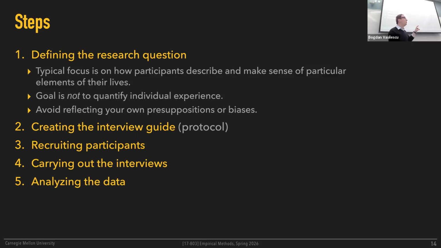You need to attach your interview protocol to your IRB submission. So you probably need at least a first draft of this, and then you go to our IRB, get approved, and only then can you start contacting people to recruit them to participate in the study, and at no point before.